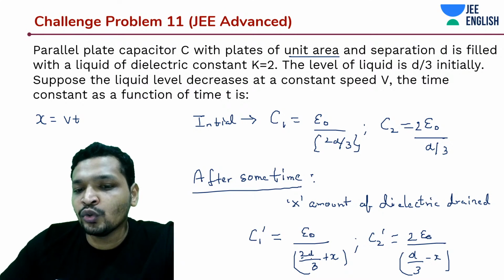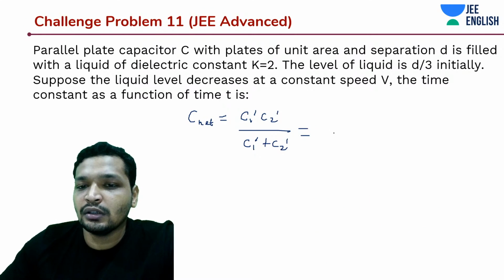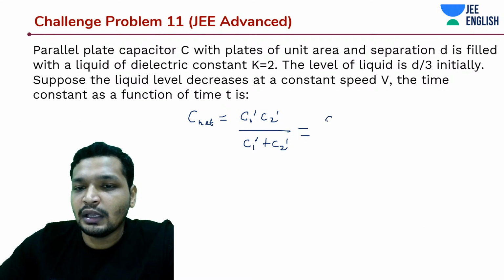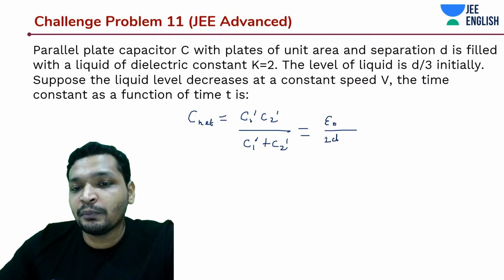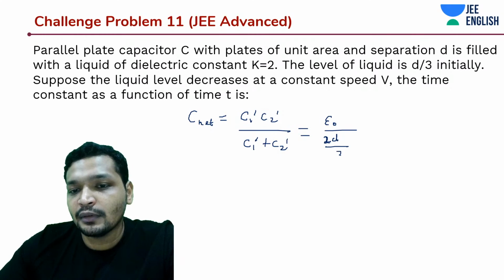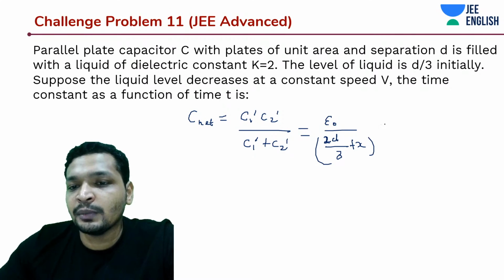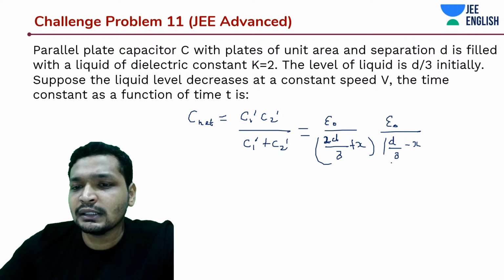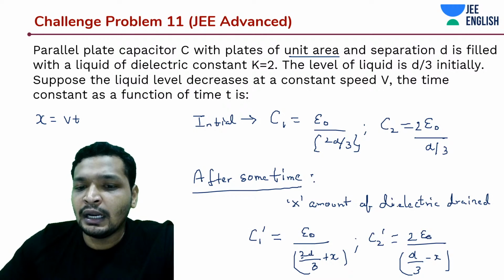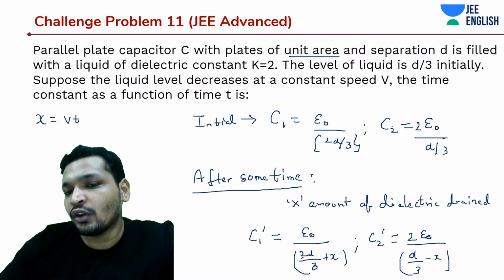It's epsilon naught over 2d by 3 plus x, and this is going to be epsilon naught over d by 3 minus x, and you would have a 2 due to the dielectric constant.